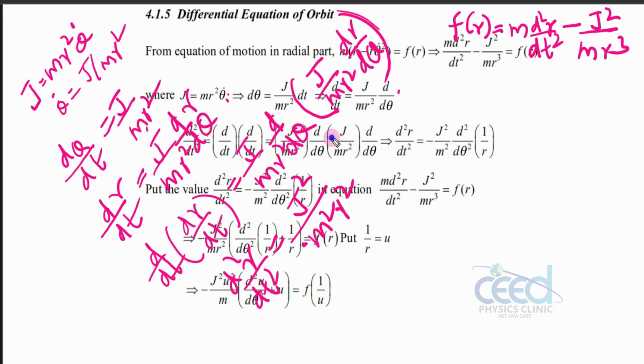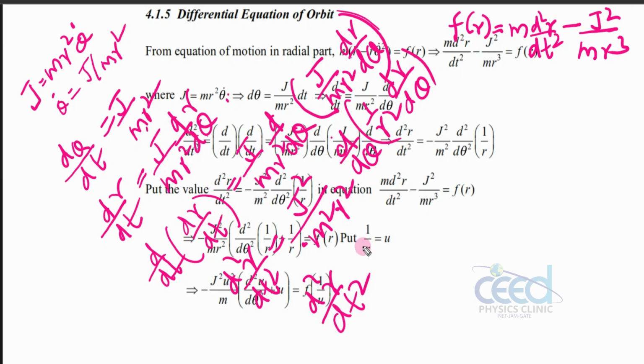So 1 by r square dr by d theta, d by d theta of 1 by r square dr by d theta. Again, d square r by dt square equals J square by m square, so I can write J square divided by m square r square.